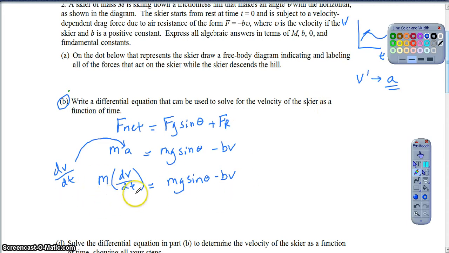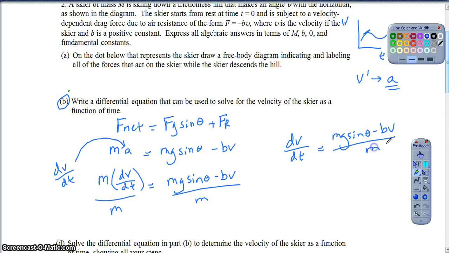Now if I wanted to go ahead and solve for dv/dt, so divide by m, that probably would be a good idea. So I end up with dv/dt equals mg sine theta minus bv, all over m. So again, this is my differential equation representing the velocity.